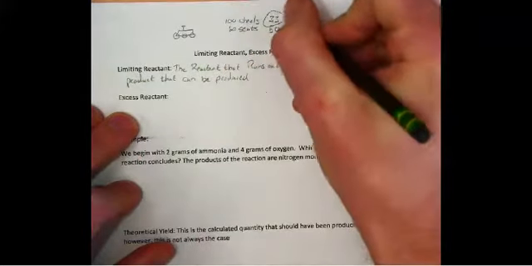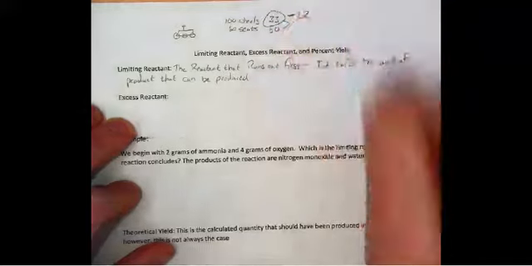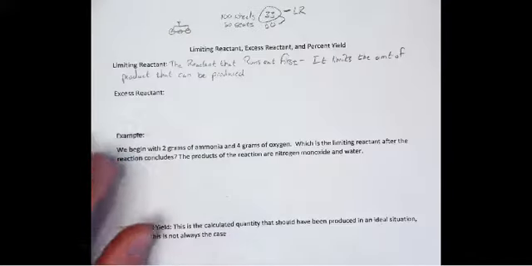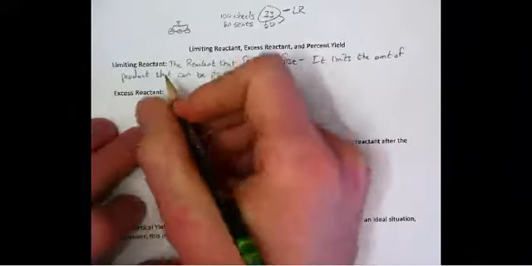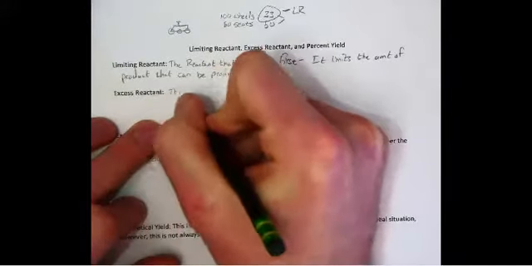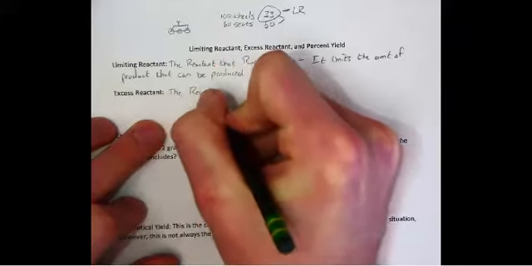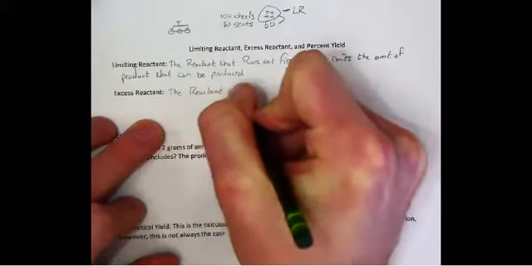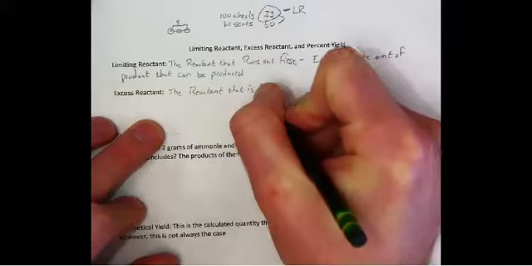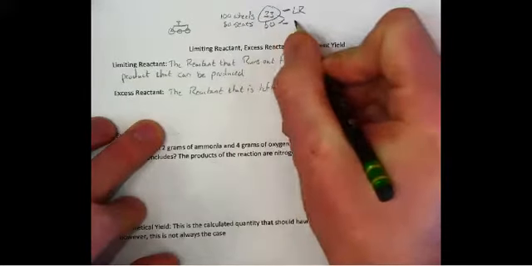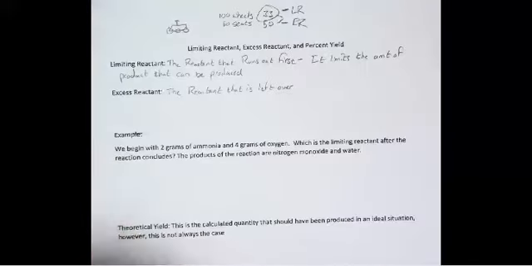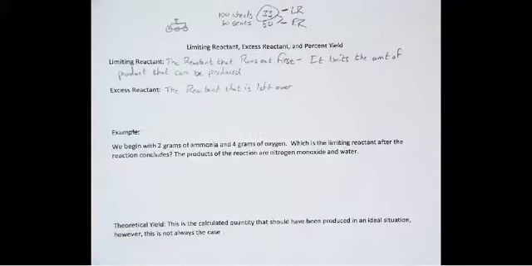In the above example, our limiting reactant was our wheels, because we're going to run out of wheels first. That limits the amount of tricycles that can be produced. The excess reactant is the reactant that is left over. So this means that we have leftovers. We have leftover seats that can then, if we add more wheels to our reaction, produce more tricycles.